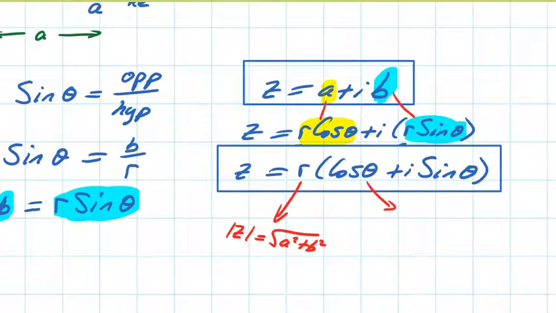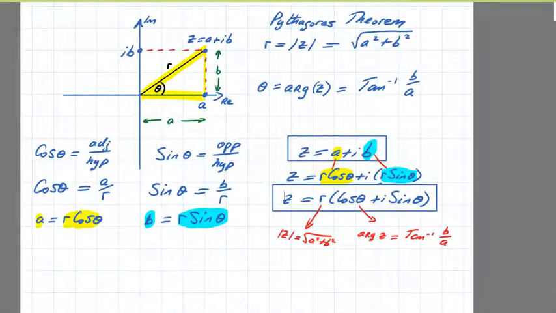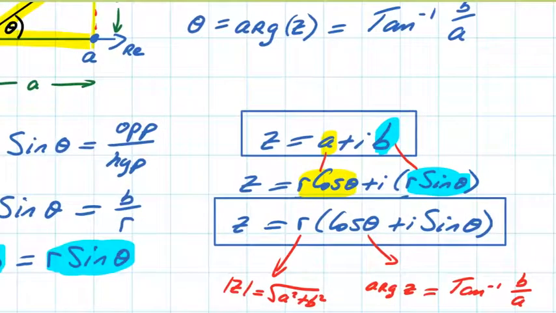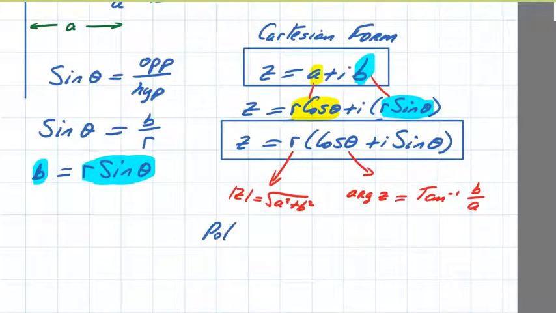And theta, of course, is the argument of z, which is equal to the inverse tan of b over a. And that's it. So we've gone from Cartesian to finally polar form. So this is polar form here.